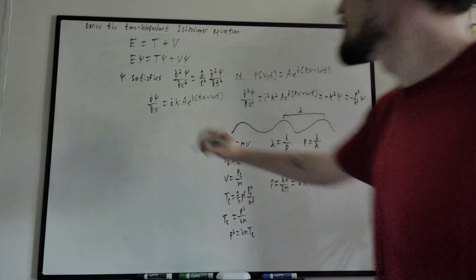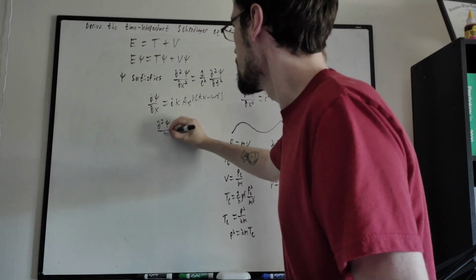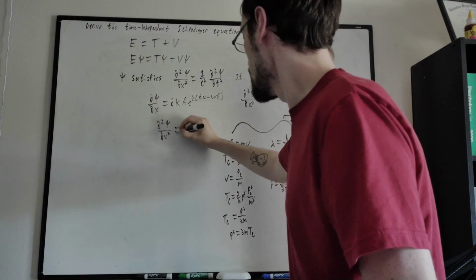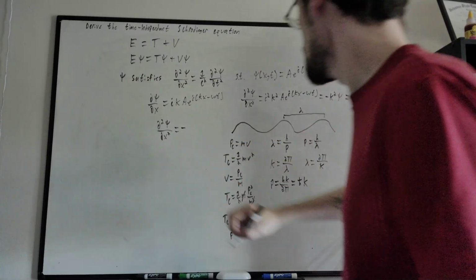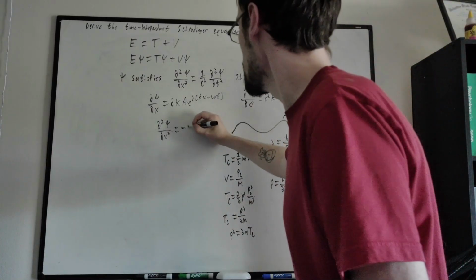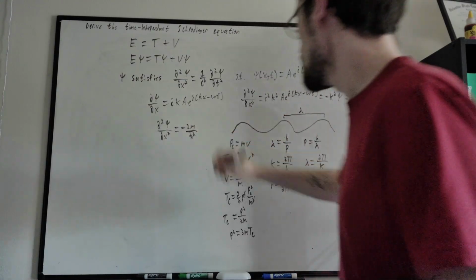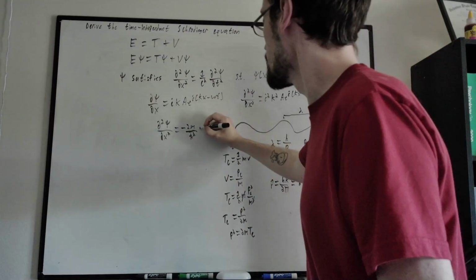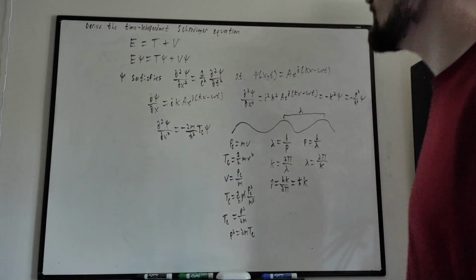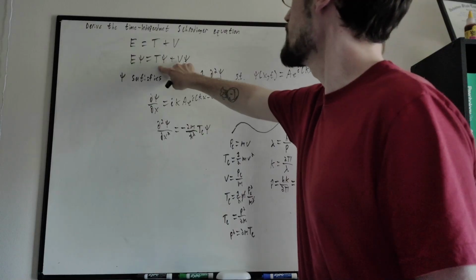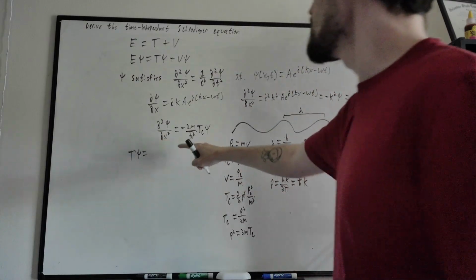So in other words, the second derivative of psi in respect to x is equal to, well, we have a negative here, what do we have? Well, we have negative 2m divided by h bar squared times this kinetic energy term acting on psi. Okay, so now we want to solve for the kinetic energy, which is T of psi. Rearrange this.